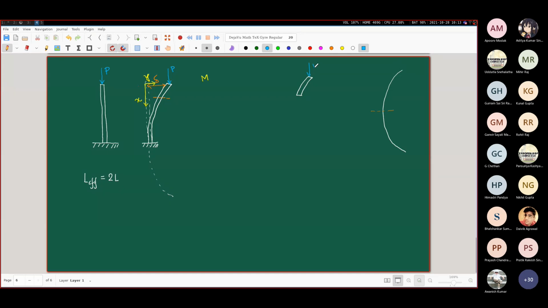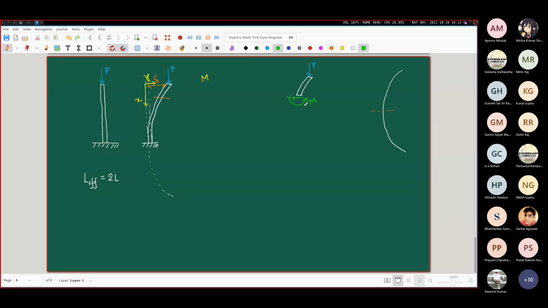We have the force P here. We are also going to have a bending moment like this. For the sake of completeness, you can take this V, and then what else? We will have nothing else here.